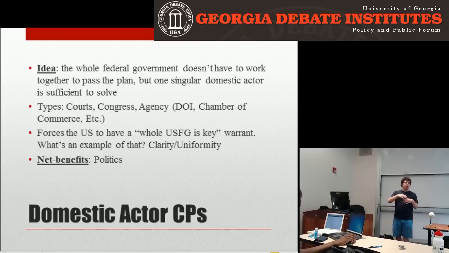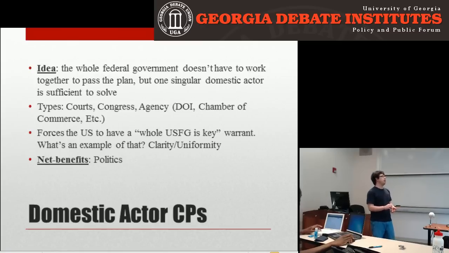The whole normal means process of Congress doing legislation, the executive signing it, the courts deciding whether or not to strike it down, individual agency implementation as a whole process is one. Negatives will say that's one that the aff has to defend. And so negatives can read a counterplan that says, instead of having the whole federal government do the plan, one particular agency could do this.